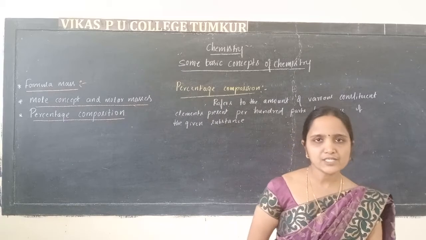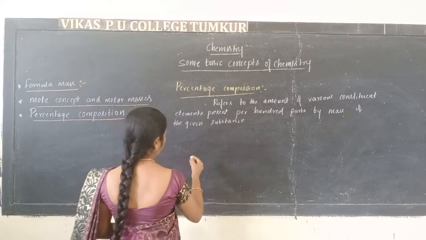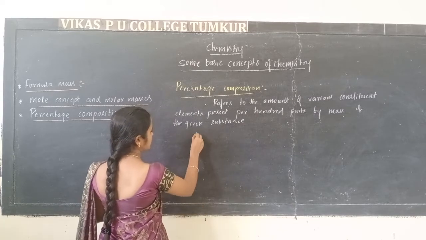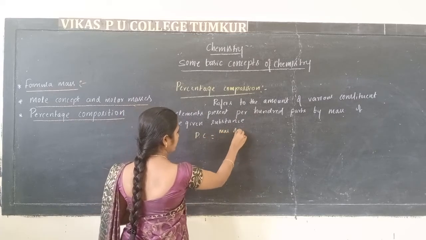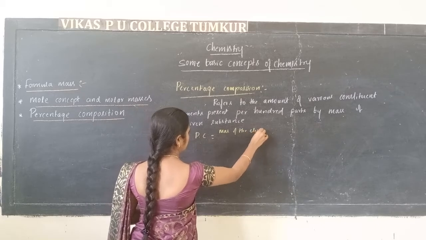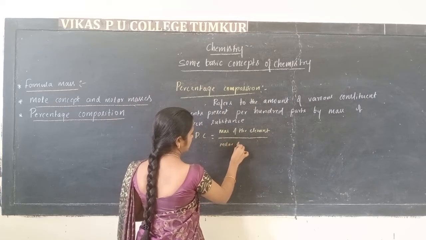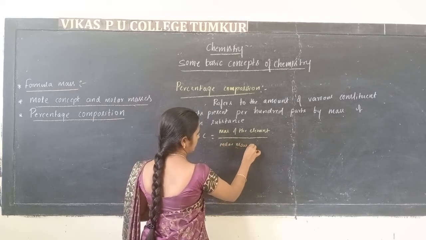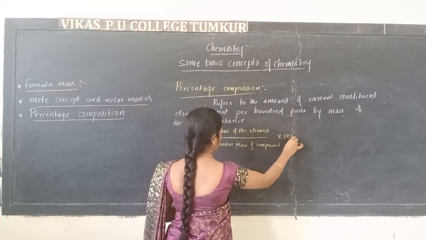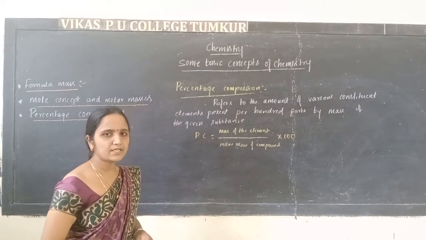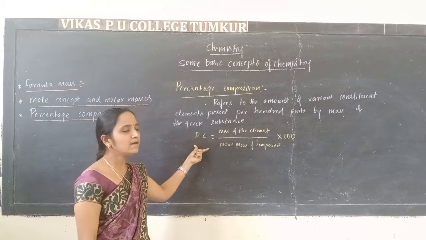It can be calculated using the formula: the percentage composition of a particular element is equal to the mass of the element divided by the molar mass of the compound, into 100. This is the formula used to find the percentage composition of a particular element.